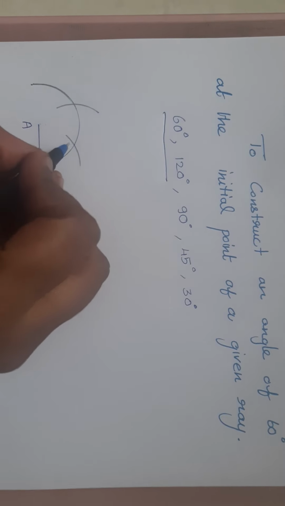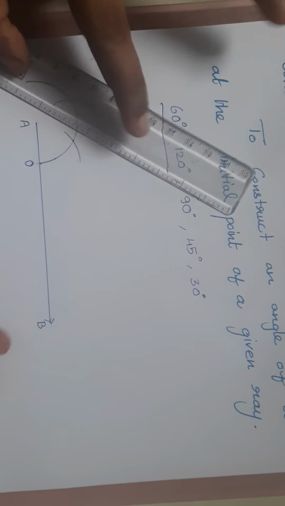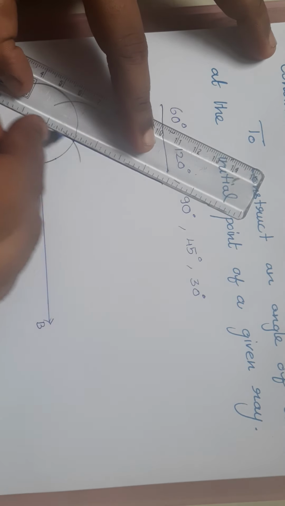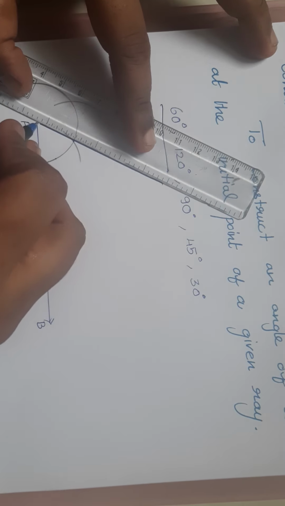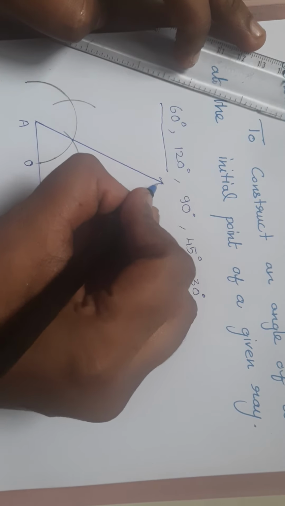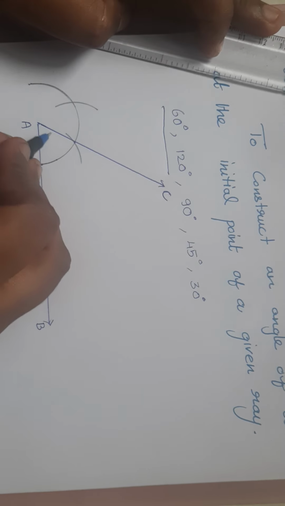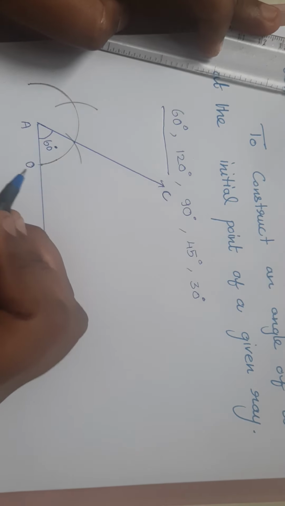That means you have to join O and A and C. This angle at A with C is 60 degrees.